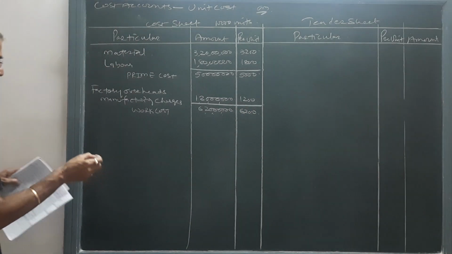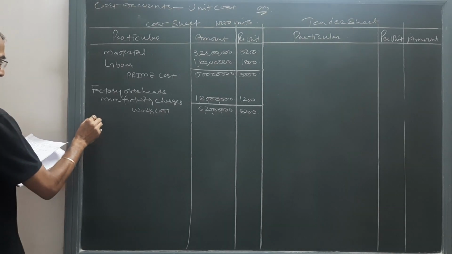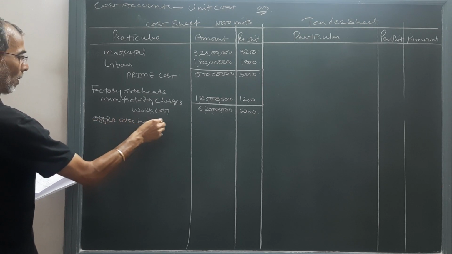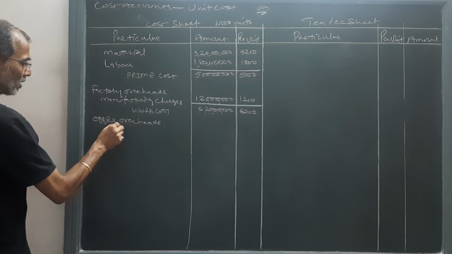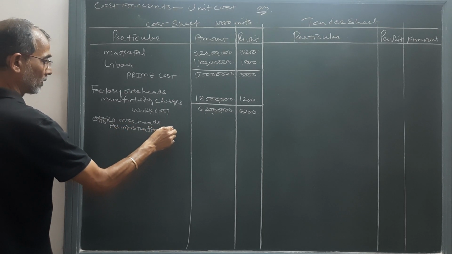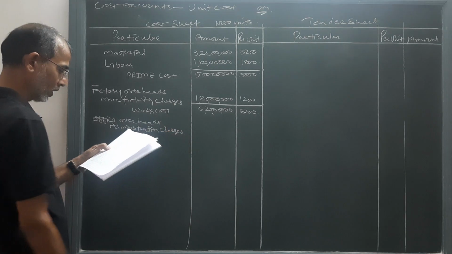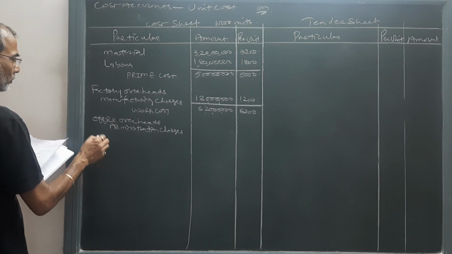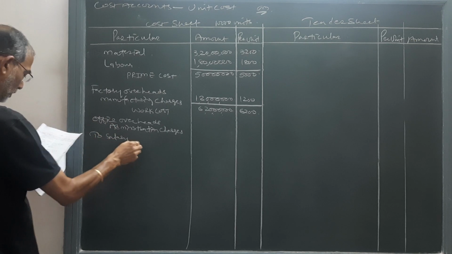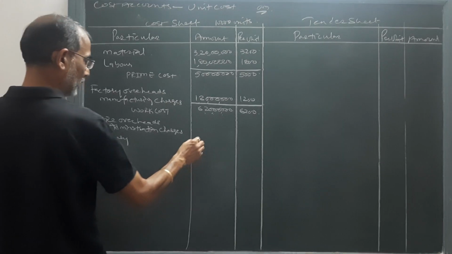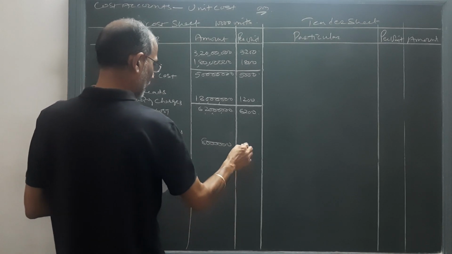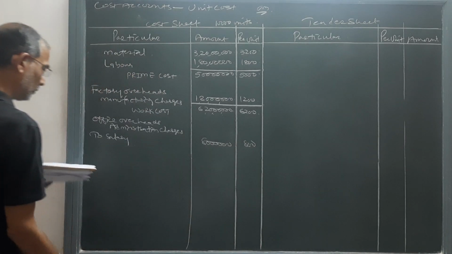Then after comes office overheads, or you can say administration charges. In that is salary. Salary is 80 lakh. So 800 will be the per unit.